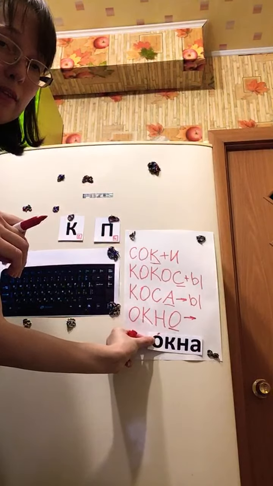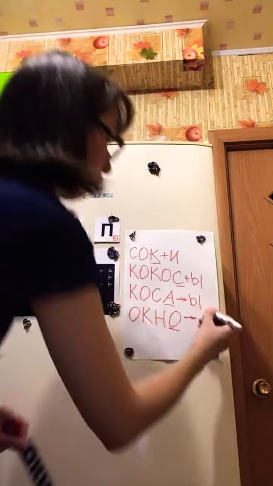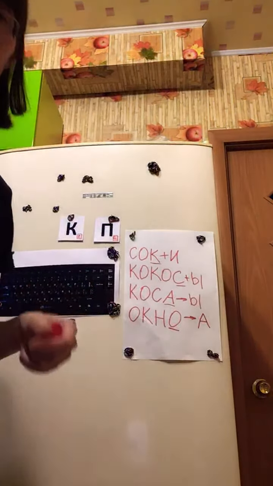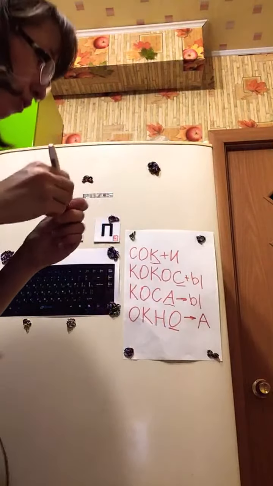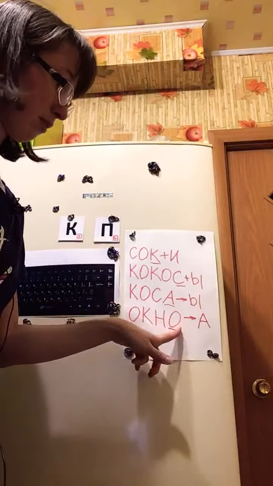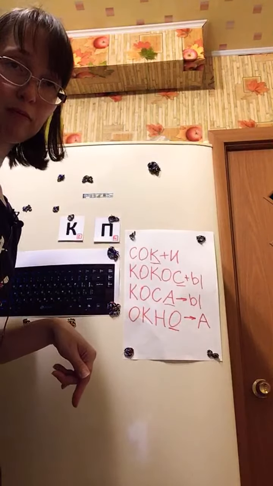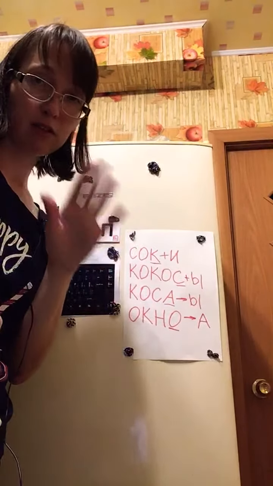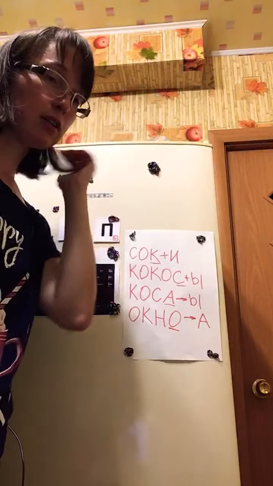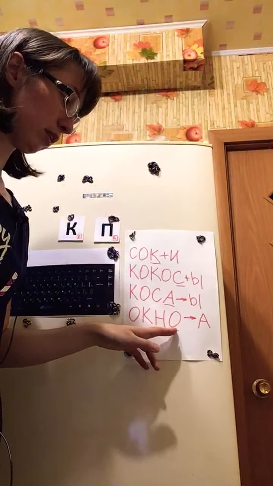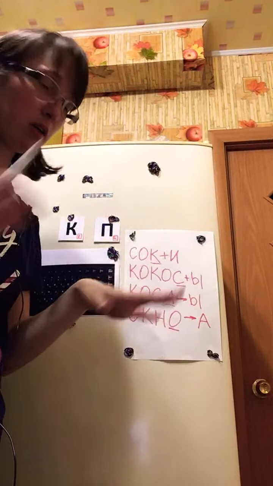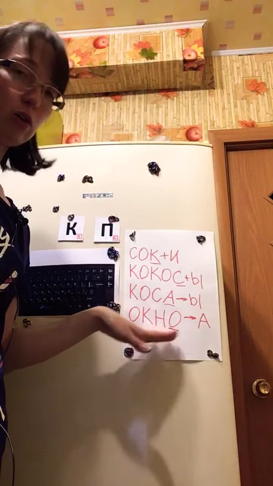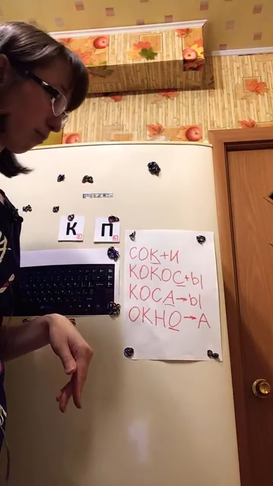O becomes A. Окно, окна. Okay? When we meet some exceptions or some other nouns where O becomes Y, I will tell you about that. But here, окно, окна. Okay?